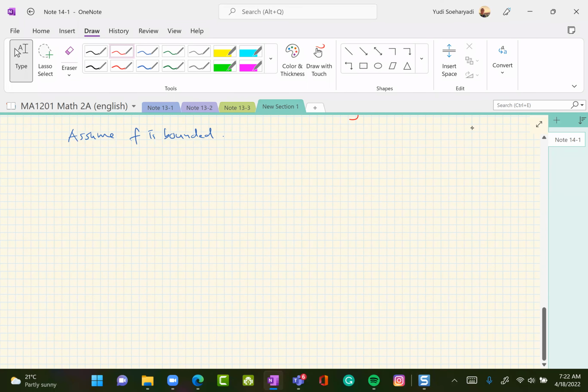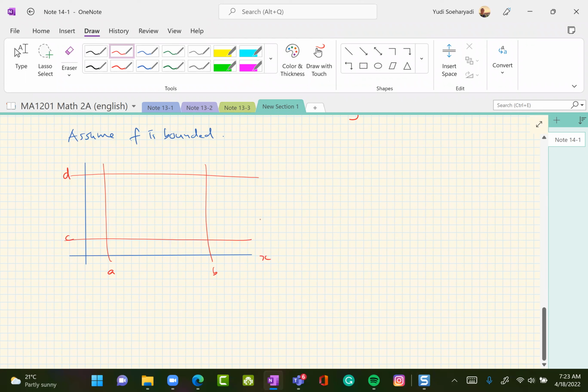So as we have a rectangle, and then what we have is this. So between A and B and C and D, x, y. Okay. So what we do here is do some partition here. So the process is the same.